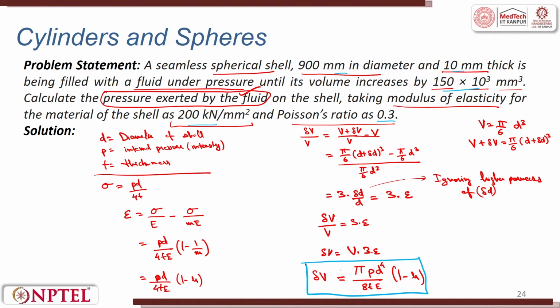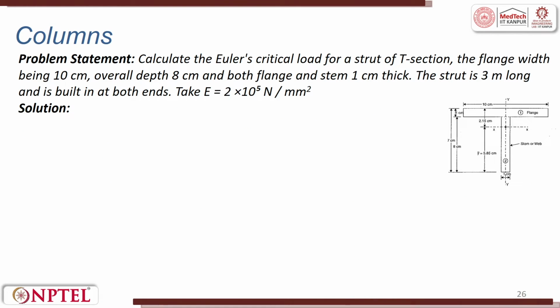Let me now try to discuss columns. In columns, we discussed the slenderness ratio, the crippling stress, or the radius of gyration. I am coming directly to the problem statement. Calculate Euler's critical load for a stud of T section, the flange width being 10 centimeter, overall depth 8 centimeter, and both flange and stem are 1 centimeter thick.